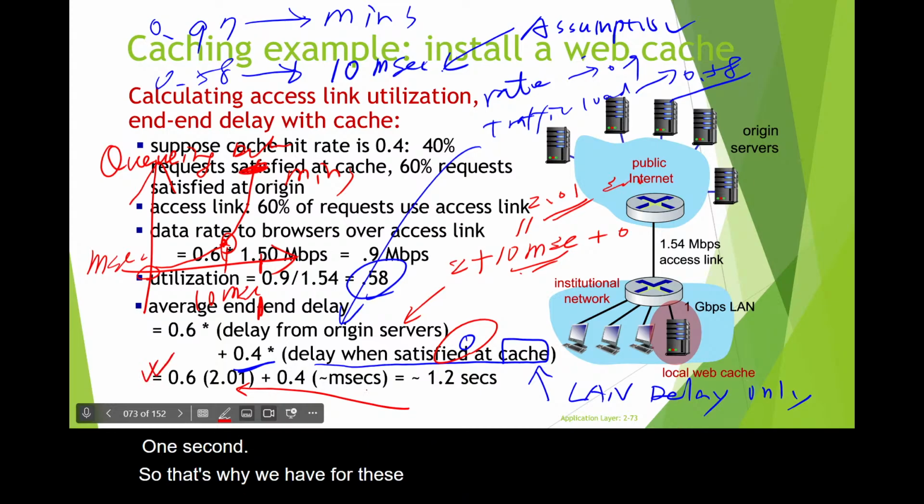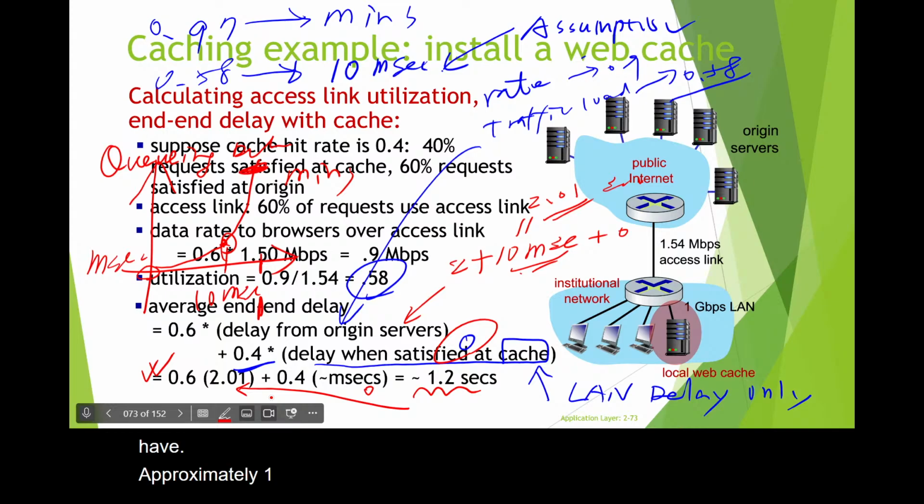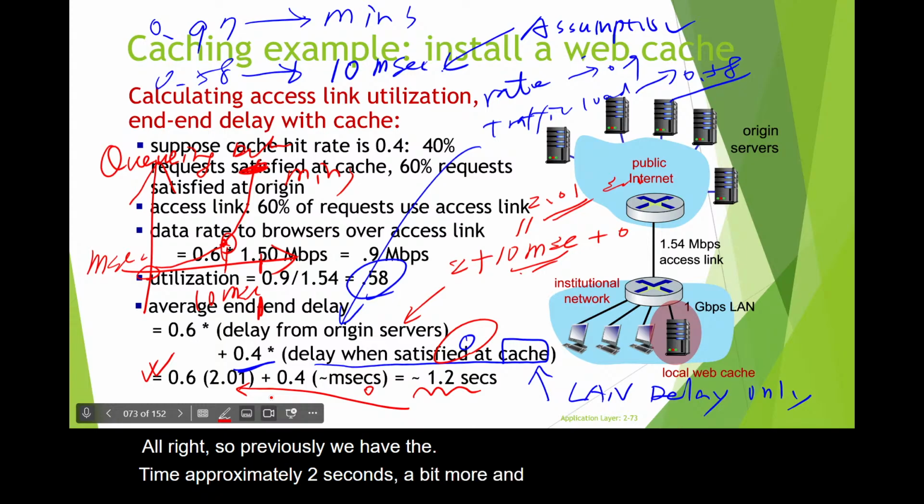And also this one is 0. So finally, we have approximately 1.2 seconds for the new version, if we have the assumption of 0.4 hit ratio. All right, so previously we have the time approximately 2 seconds, a bit more, and currently it's 1.2 only.